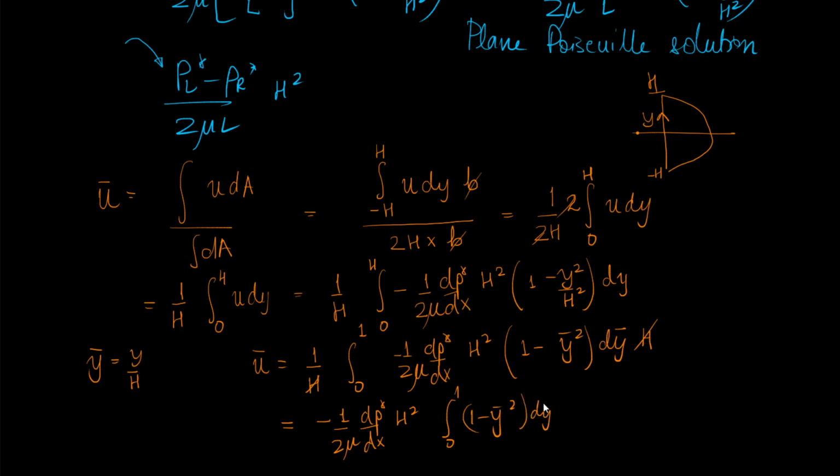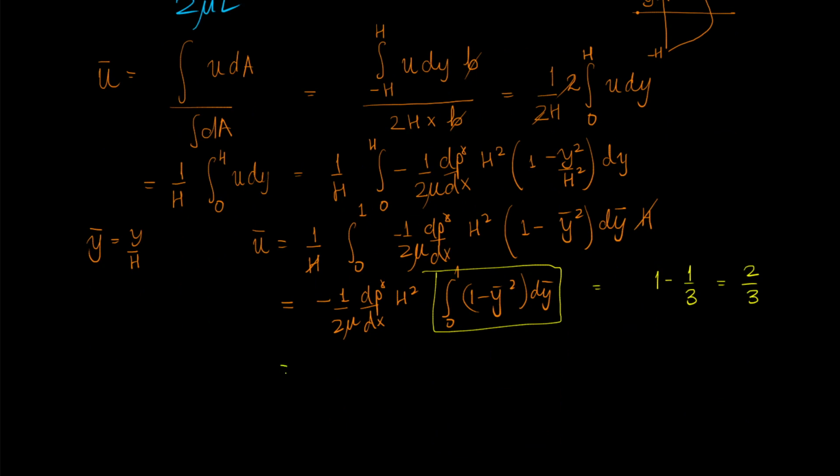square dy bar. Now if we focus only on this particular integral, this is 1 minus 1 upon 3, which is 2/3. If we substitute the numerical value, we obtain u bar equal to minus 1 upon 2 mu dp star dx times h square times 2 upon 3.